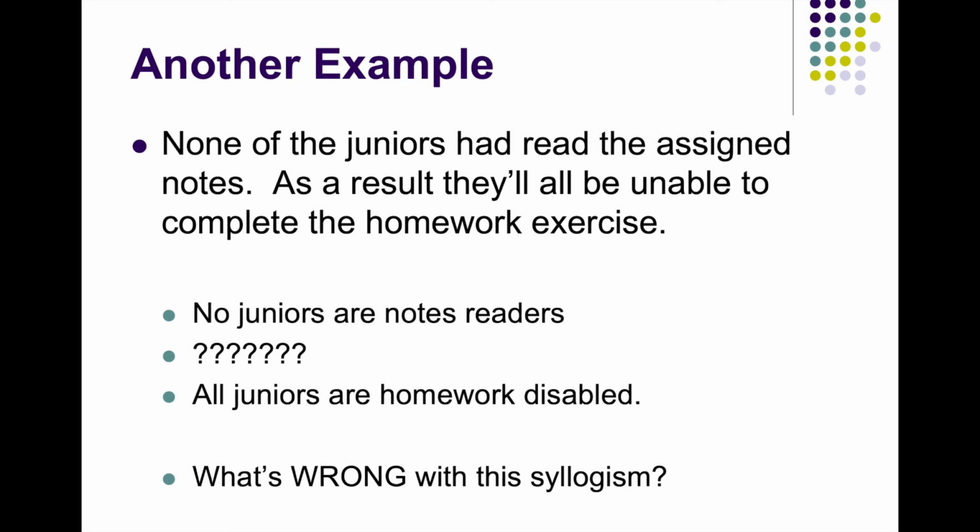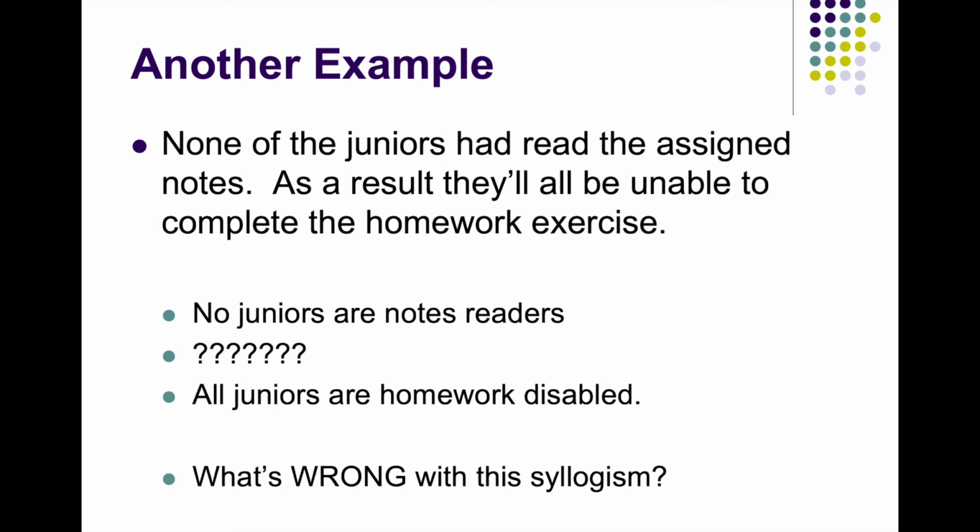That tells us that's the conclusion. So we would have a universal negative as the premise. None tells us it's universal negative. No juniors are notes readers. And we can have the conclusion, all juniors are homework disabled.